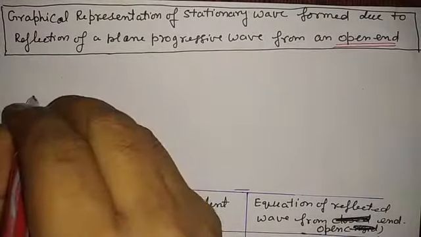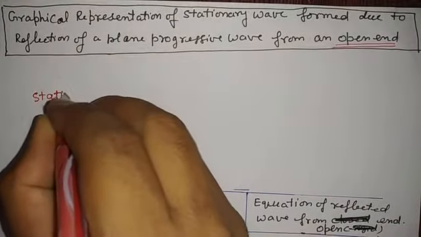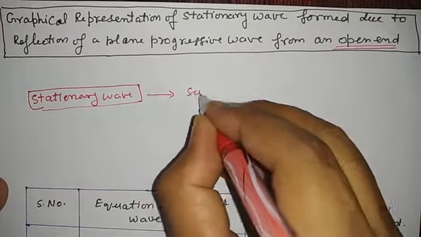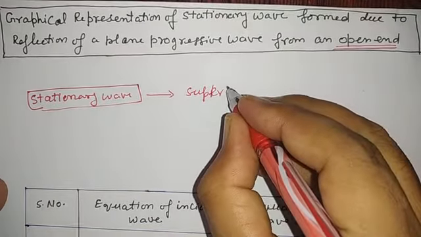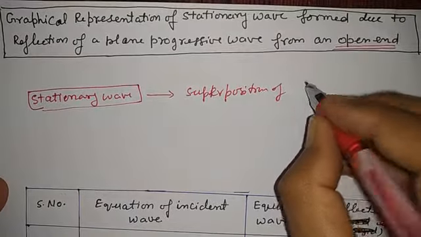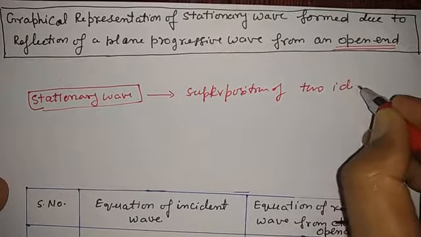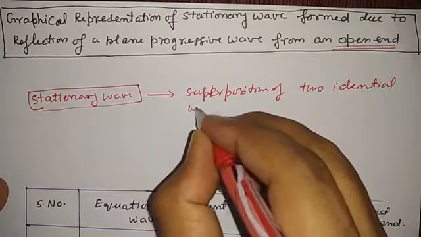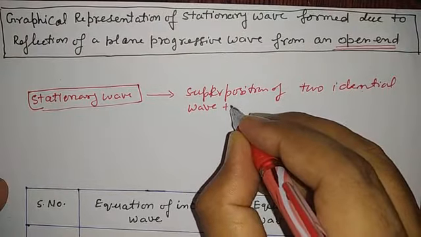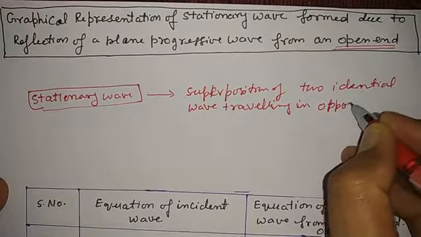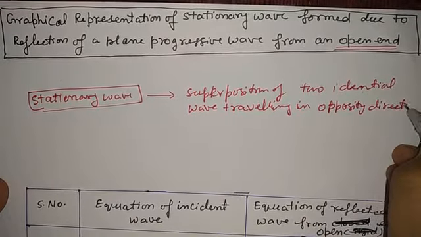So here we know that a stationary wave is formed due to superposition of two identical waves traveling in opposite directions.